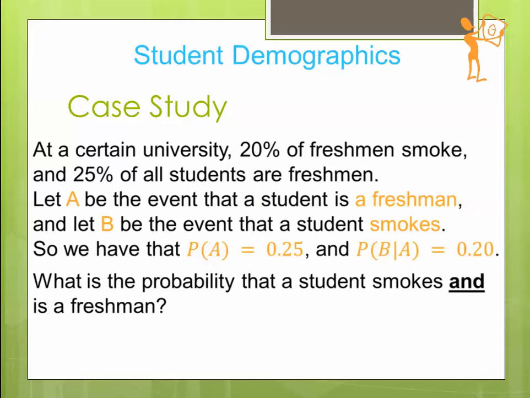So now that you're back, let's compare your answer with mine. Remember that the probability of A and B by the general multiplication rule is the probability of A times the probability of B given A. So you're going to multiply the 0.25 times the 0.2, and you should have gotten 0.05.